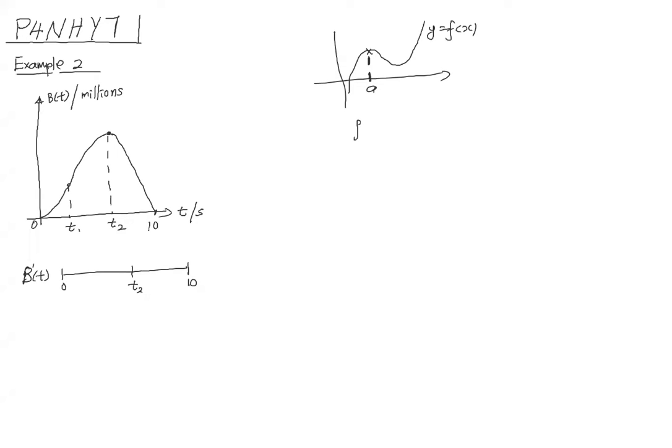So for my f prime x sign diagram, you will have two values here that I have to mark, A and B. So is that called a limiting value? Okay. No. So try. Not that sure. Okay.